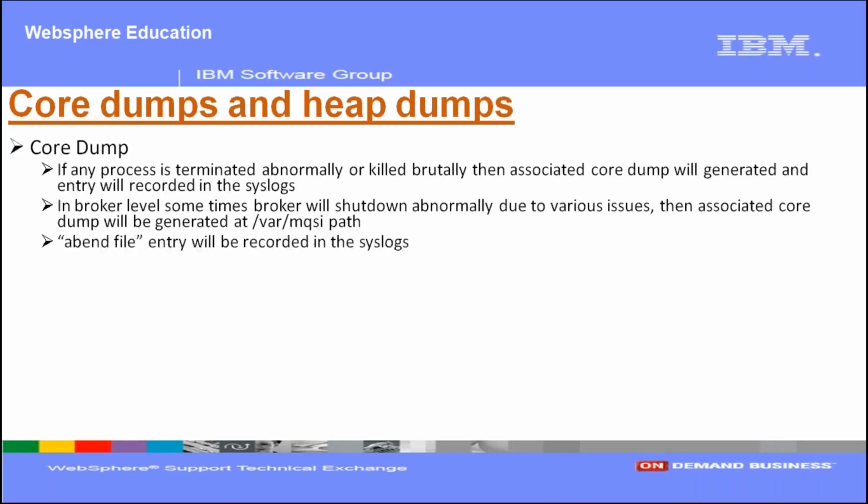An abend file entry will be recorded in the syslog. The abend file is associated with the core dump. Whenever a core dump is generated, its abend file will be generated. Whenever we see an abend file entry in the syslog, it means that a core dump is generated in the workpath. Clear? Any questions?